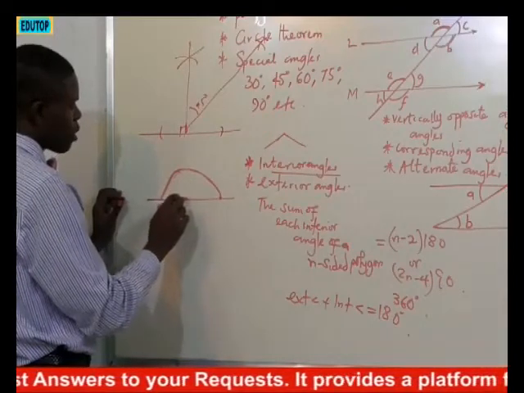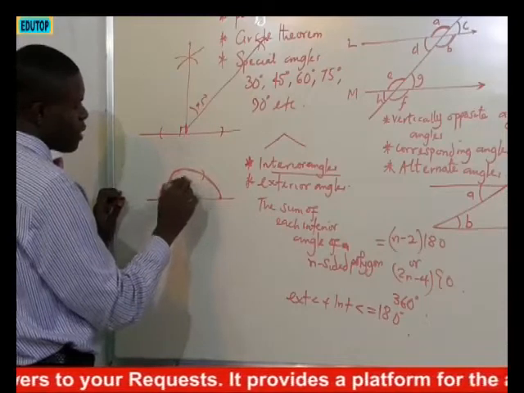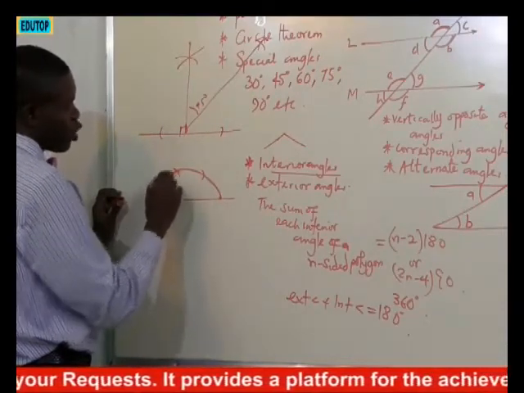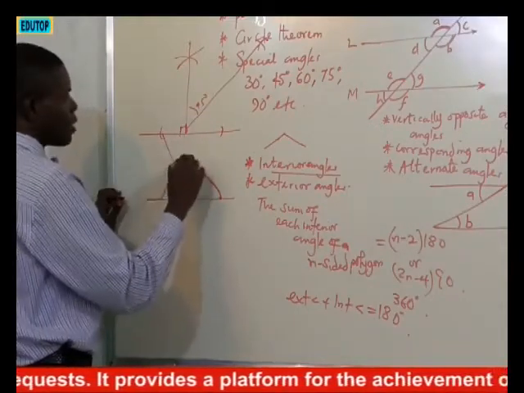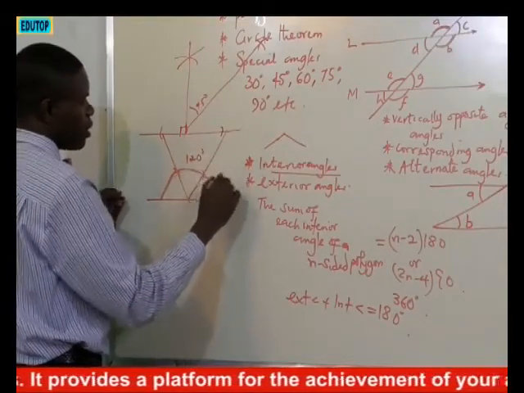Then you can come here and mark a point here. The point you have marked here is 60. You mark a point here, that's another 60. And this one is what? Another 60. So you can call this point 120 degrees. Why you call this 60 degrees?